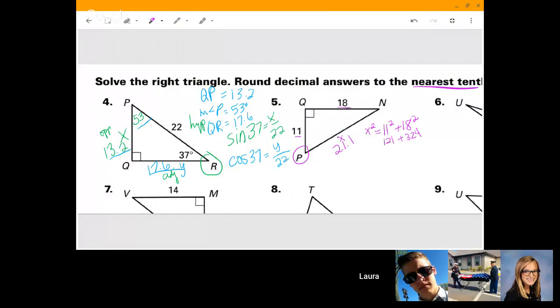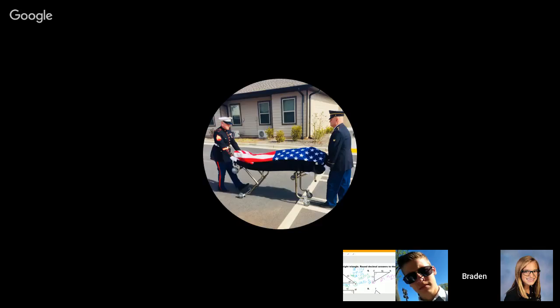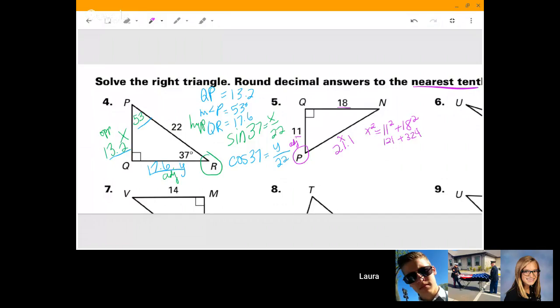Okay. So if angle P is what you're trying for, that's your perspective, then what kind of part of the triangle is 11? Because we have to find P and N. For P, it's the adjacent. For N, it's the opposite. I'll do two different colors. So P is going to be this purplish, pinkish, whatever. So it's adjacent. What's 18 for P?